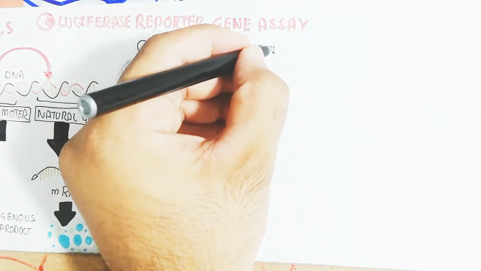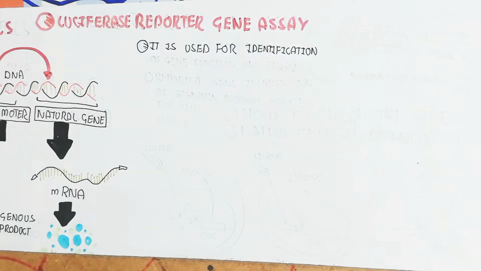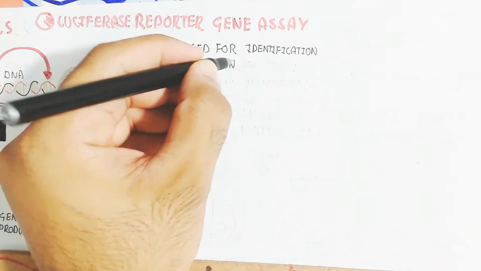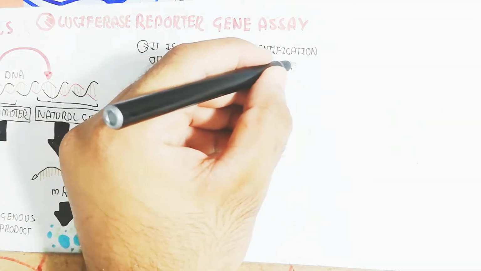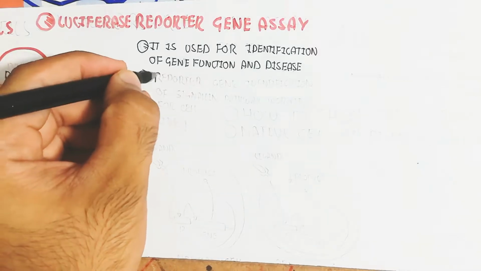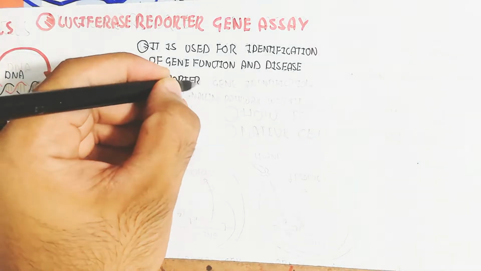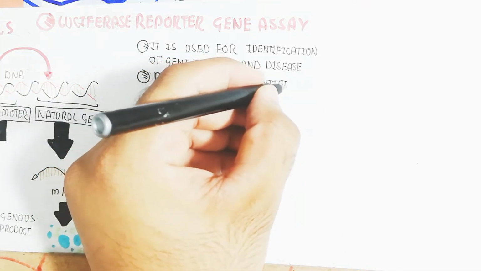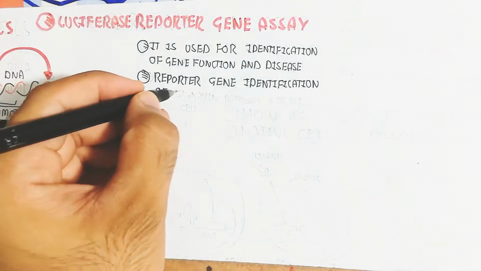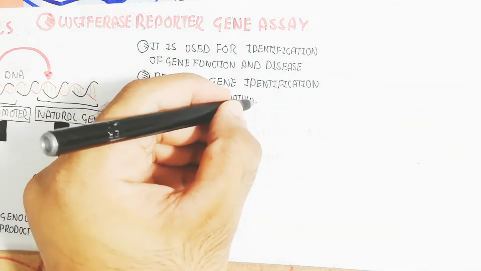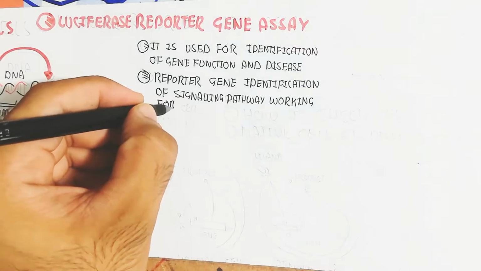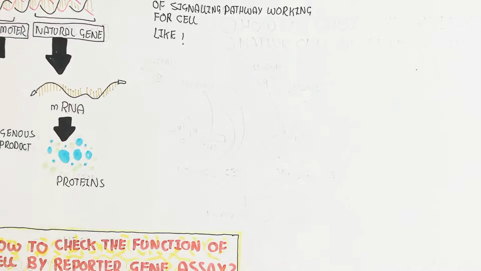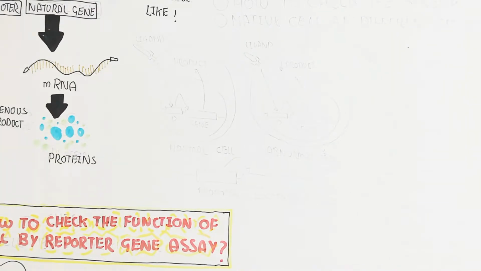Remember again, it is used for identification of gene function and disease, and the reporter gene is used for identification of the signaling pathway working for the cell. So the signaling pathway working. So how does it work?